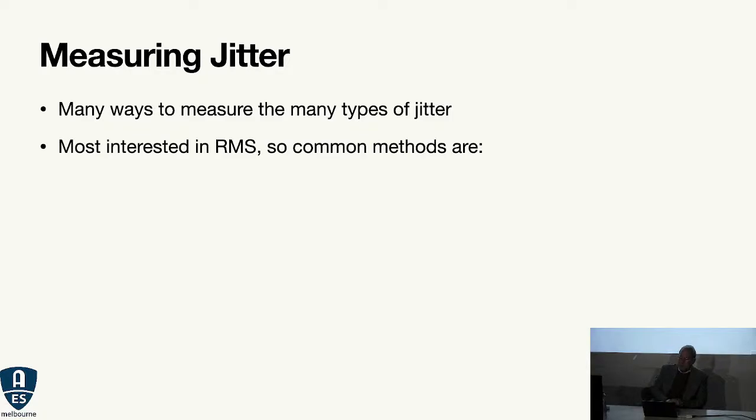But we're really only interested in RMS for the audio world. There are a few common ways. One of them is an RF spectrum analyzer and some software, which is the method that I'm using, and I'll show you exactly what that is in a minute.